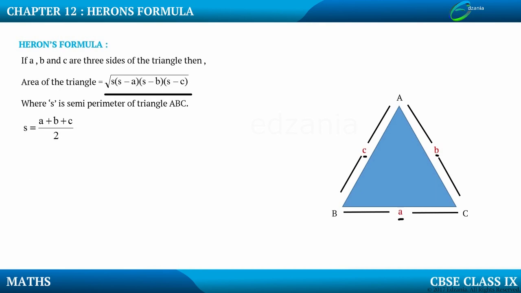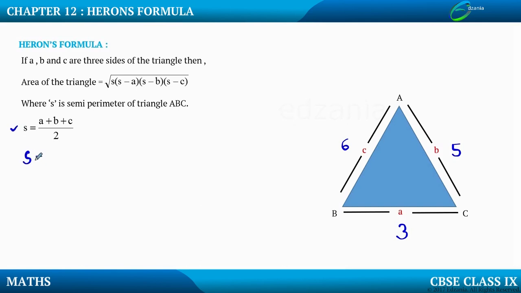Let me give an example how to find out the area of a triangle using Heron's formula. So let us take some random values. Say the value of this a is 3, the value of b is say 5, and value of c is 6, and we are supposed to find out area of this triangle ABC. So first of all, I need to find out this semi-perimeter. So what I'll get?